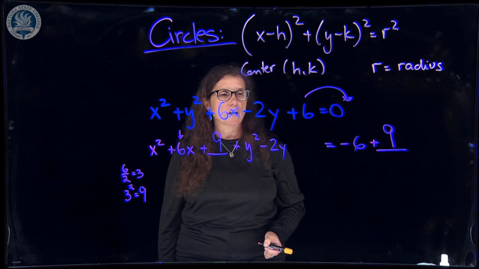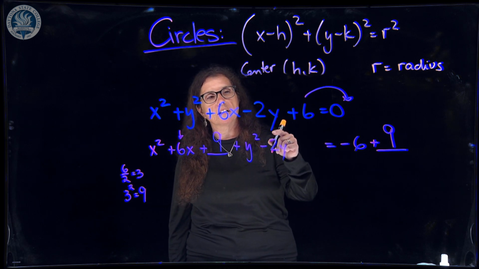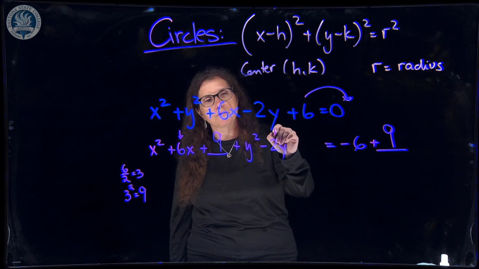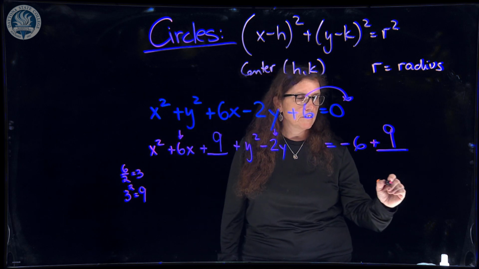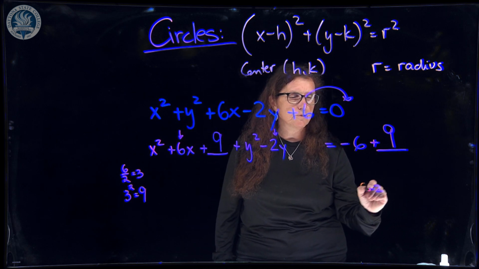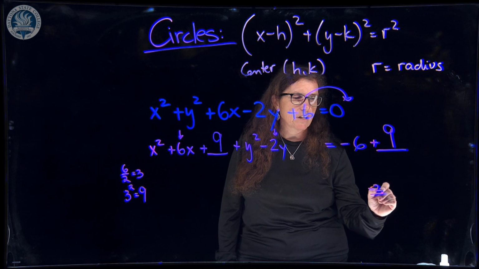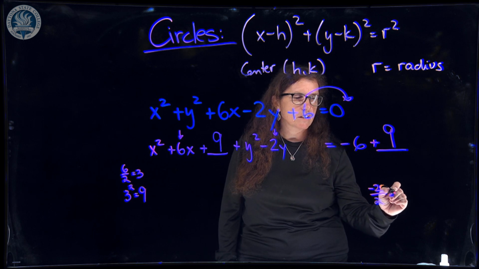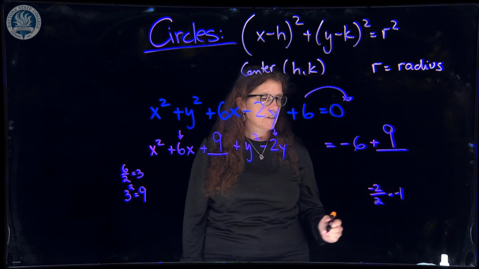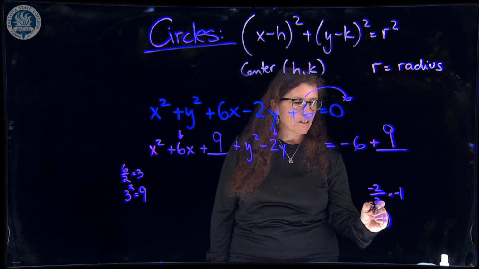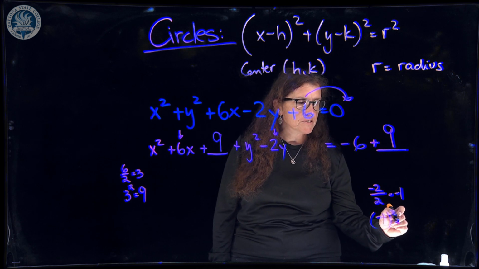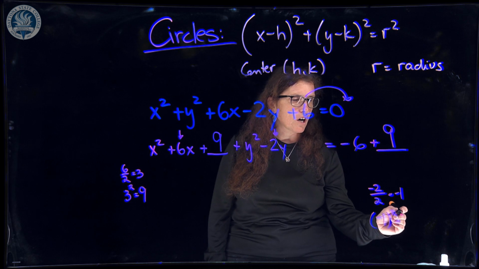Then we're going to look at the y terms. The middle term is a negative 2y. We're going to take the negative 2 and divide that by 2, and that gives us a negative 1. This negative 1 now has to be squared. Negative 1 times negative 1 is a positive 1.